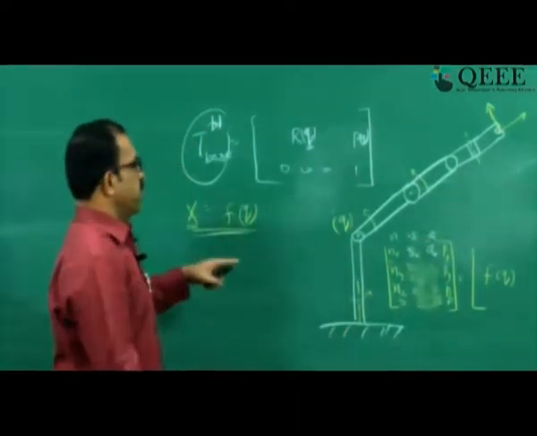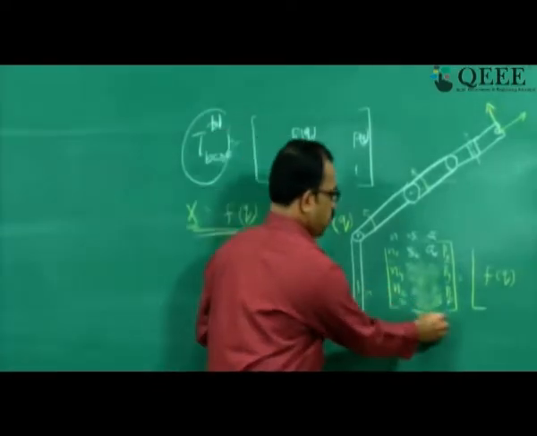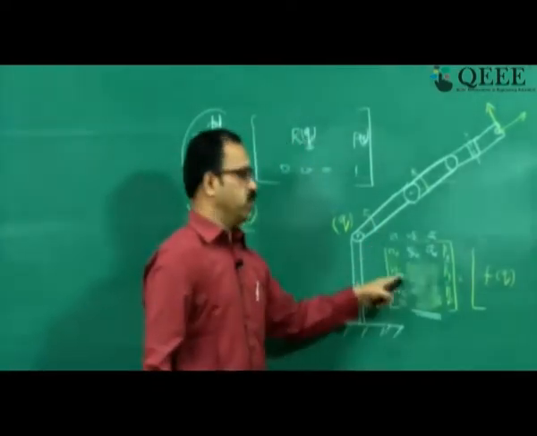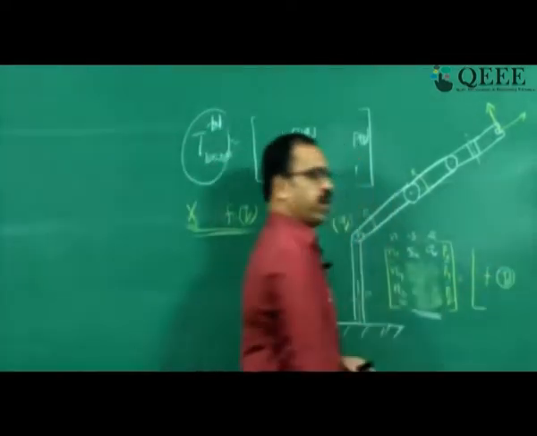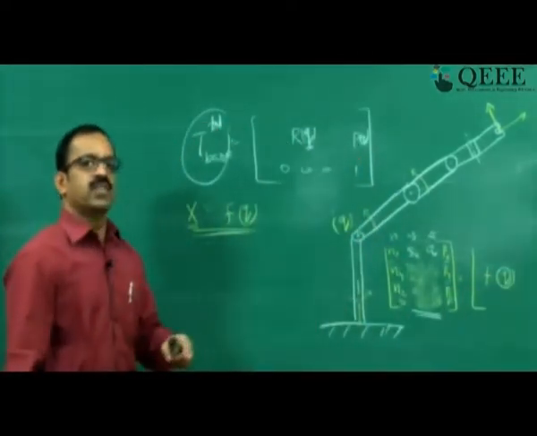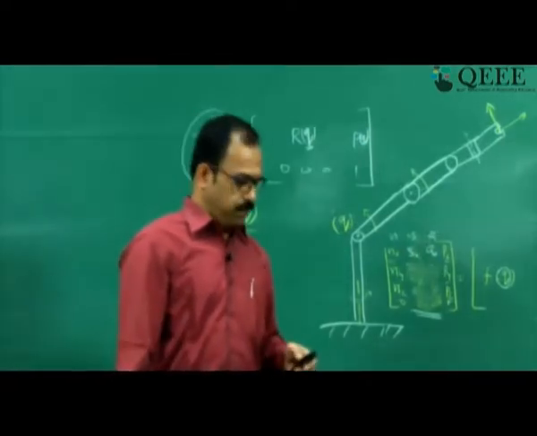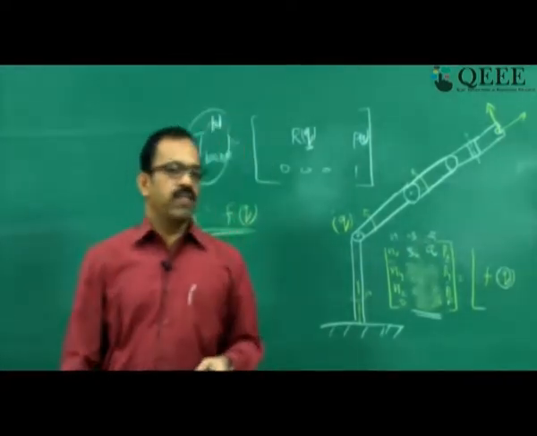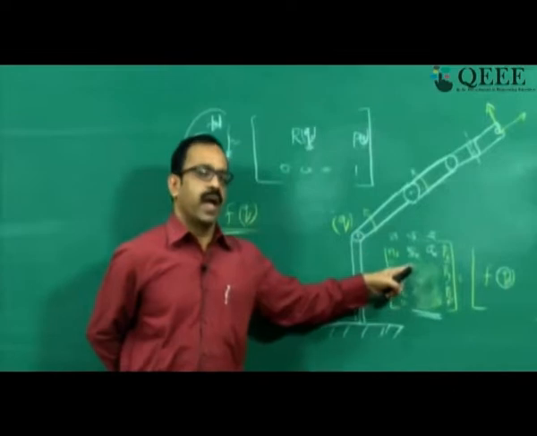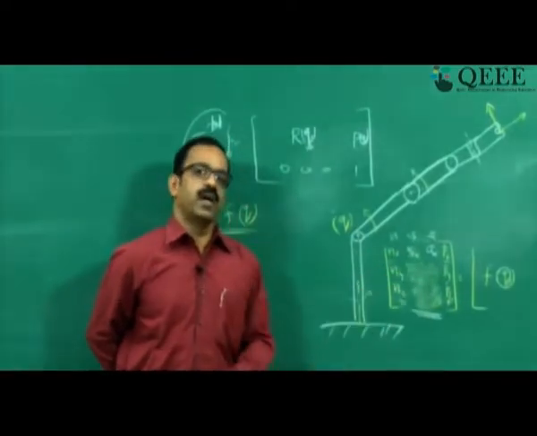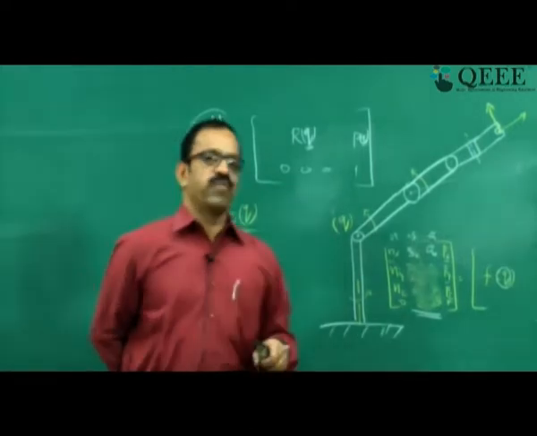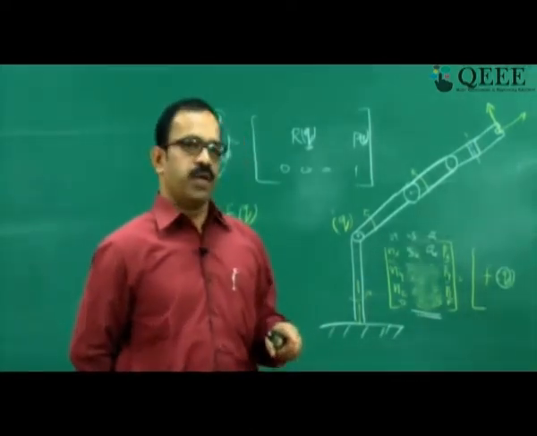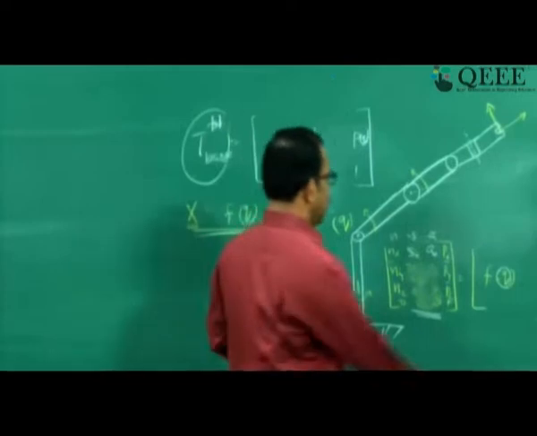Now if we know this position and orientation of the tool tip to reach, then how to get this Q, the joint variable, is the problem of inverse kinematics. Given a desired position P and orientation of the tool tip, how to find the values of joint variables Q to satisfy this is basically the inverse kinematics problem.